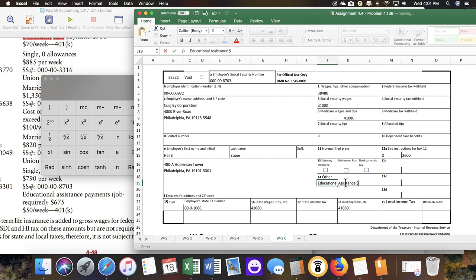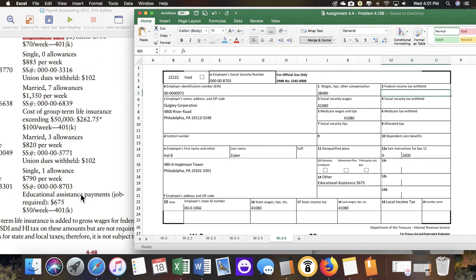Educational assistance, $675. And then you would get the tax amounts from the textbook, and then you would go to the charts in the back of the book to get the federal income tax withheld. So that is how you complete the W-2s for problem 13. If you have any questions, let me know.